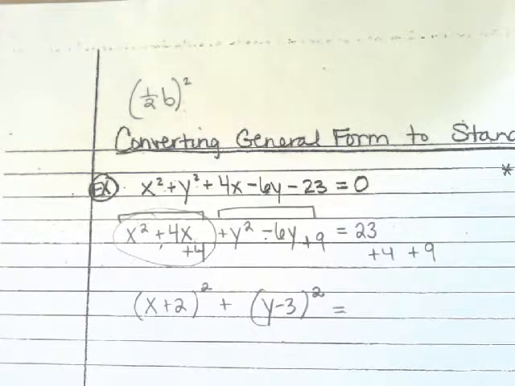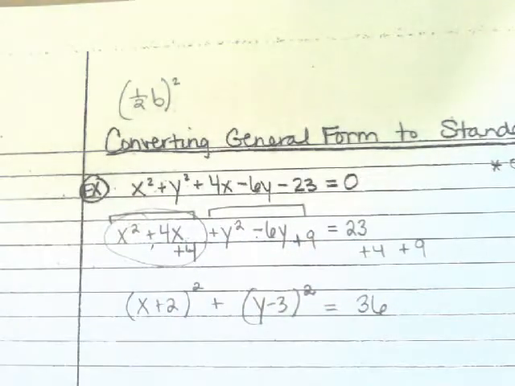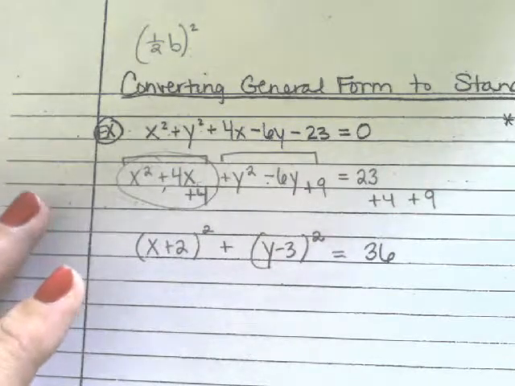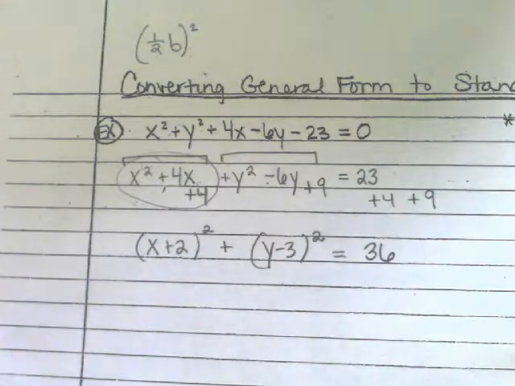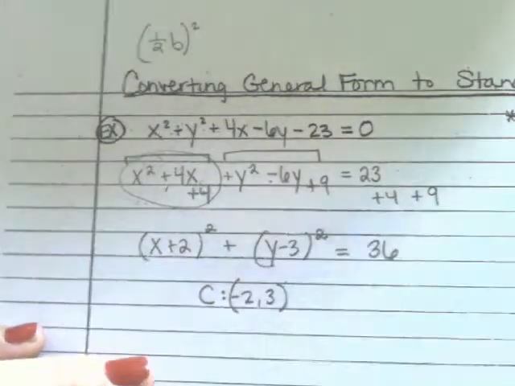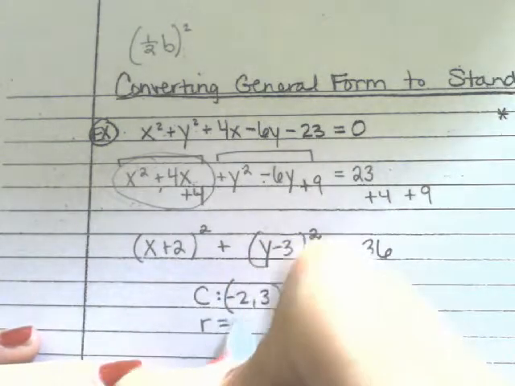So that's just factoring, but we made them a perfect square trinomial so that they would factor into something times itself so that we could write it as something squared. And then 23 plus 4 plus 9 is just 36. So once we're in that format, we know that our center is, Lauren, what? Good. And our radius, Joe? Good.